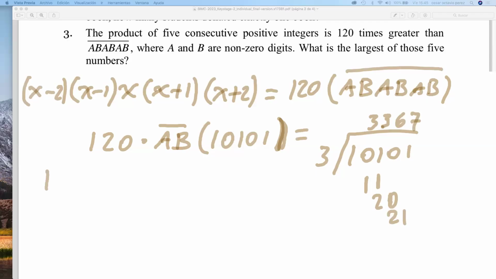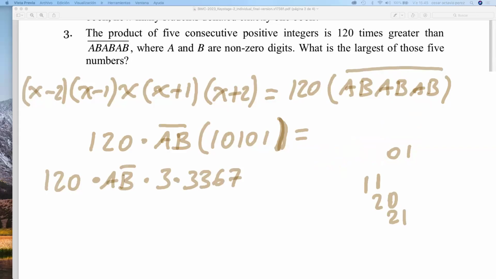We have 120 times AB times 3 times 3367. Okay. We need to factor this. Let's factor 3367. This is the problem.